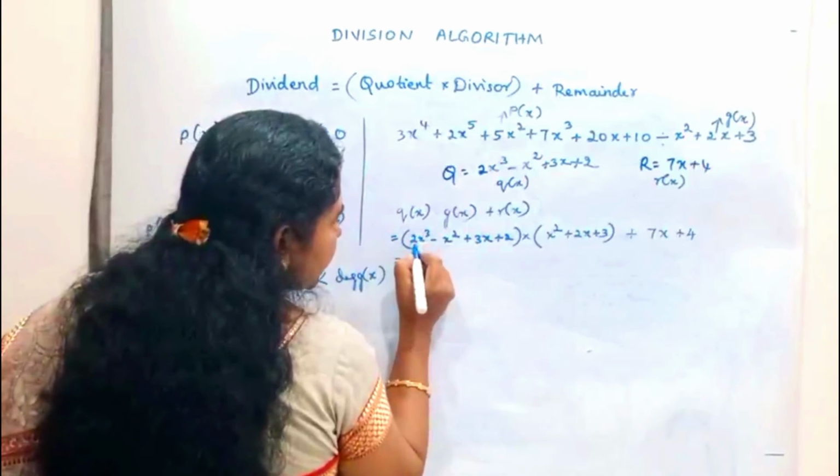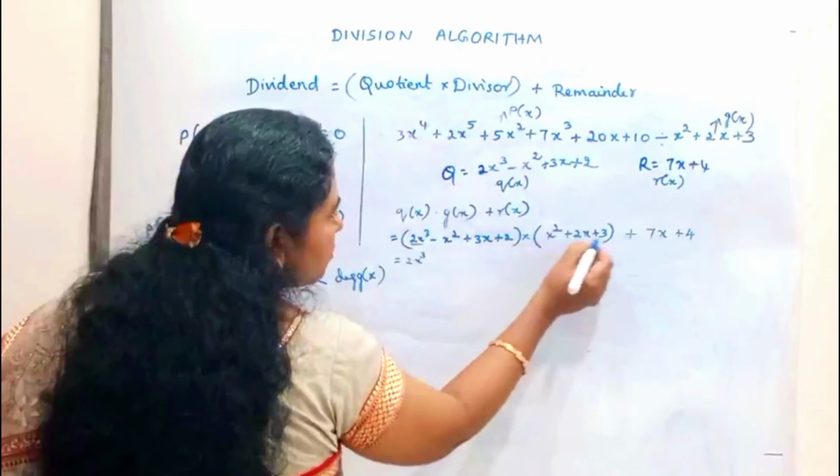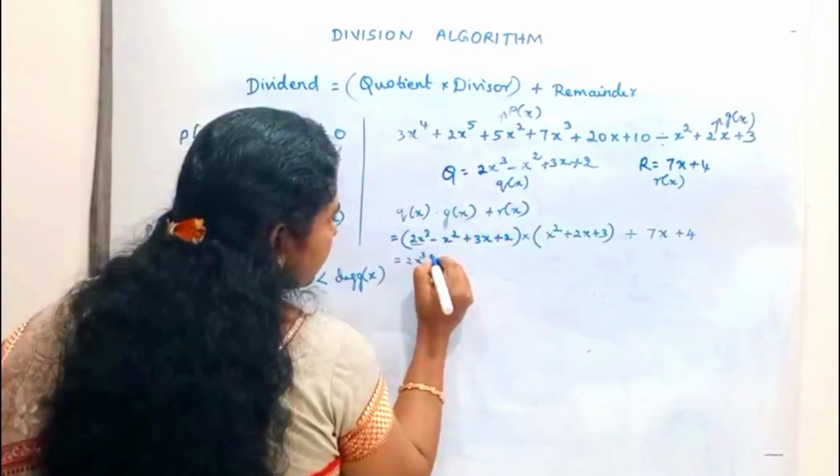So now first let us consider this 2x cube. It becomes 2x cube into the divisor.